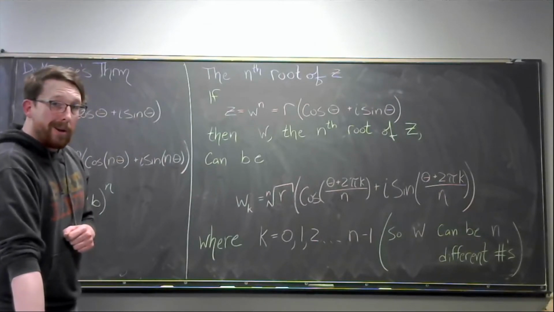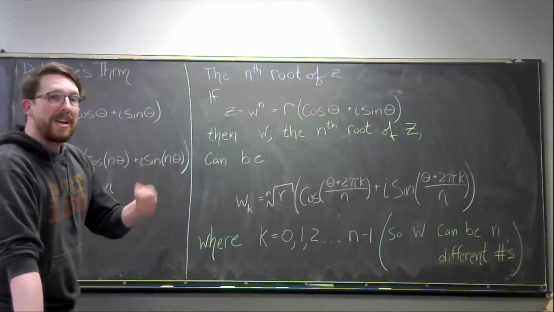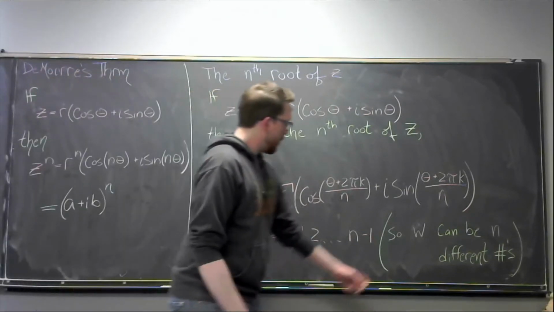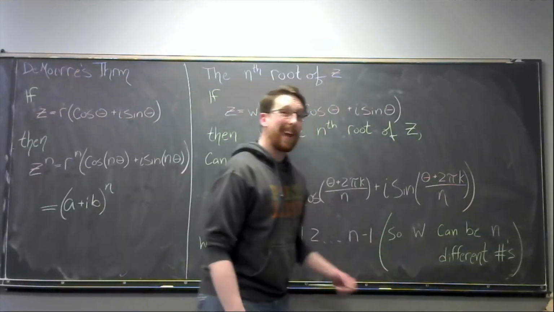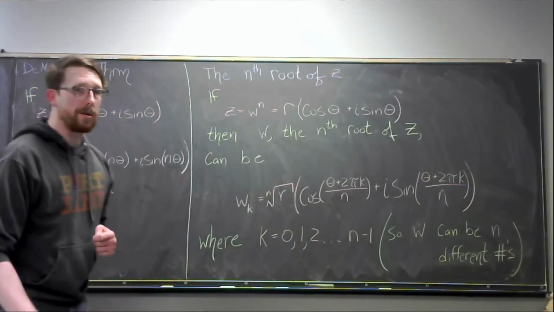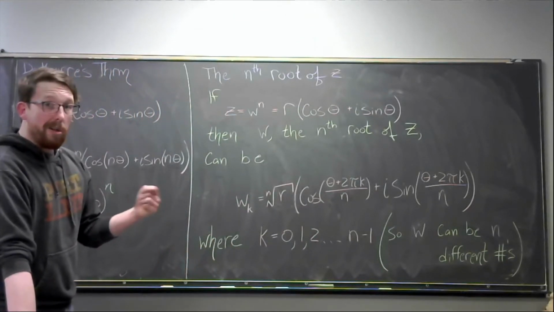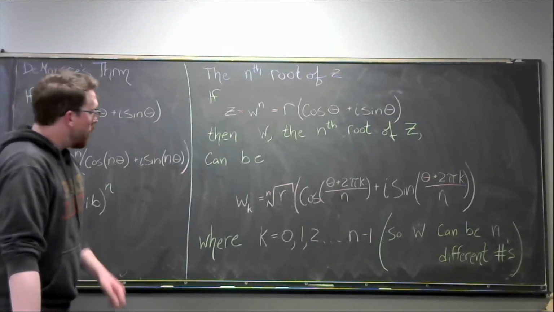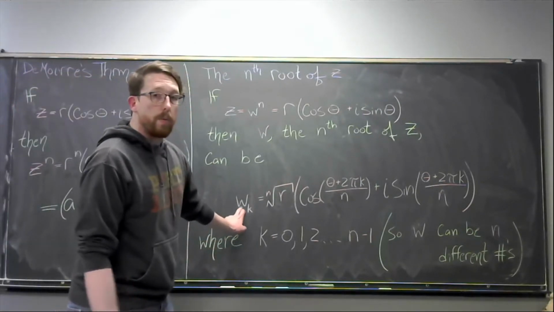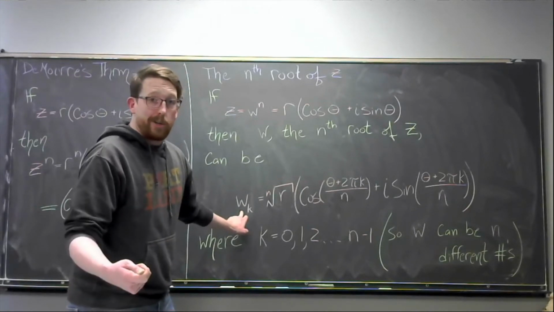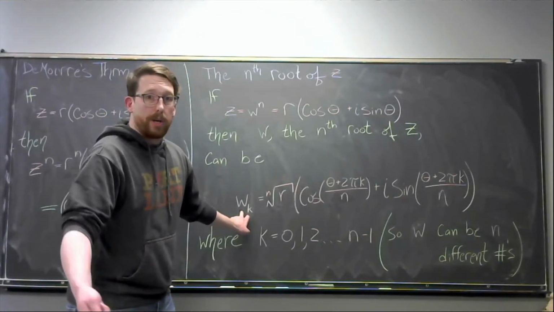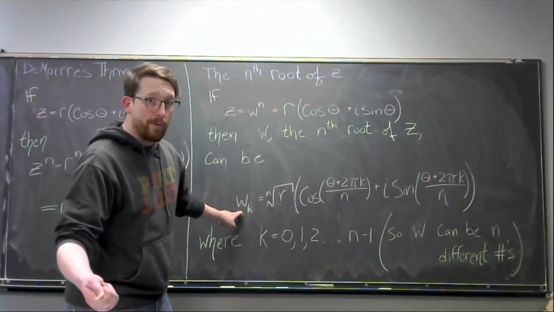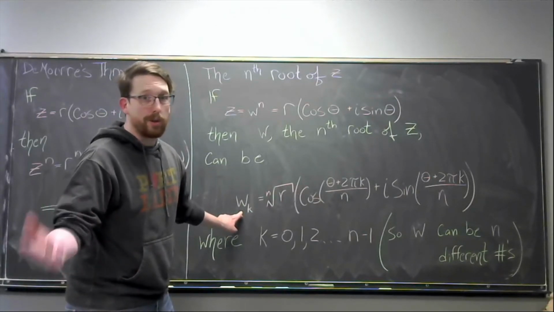Well, you're going to have n many answers. You have n many different w's here. And to find all of them, the formula we use is wk. We use k to denote which nth root we're looking at. Is it the 0th nth root, the first, the second, the third, so forth and so on.